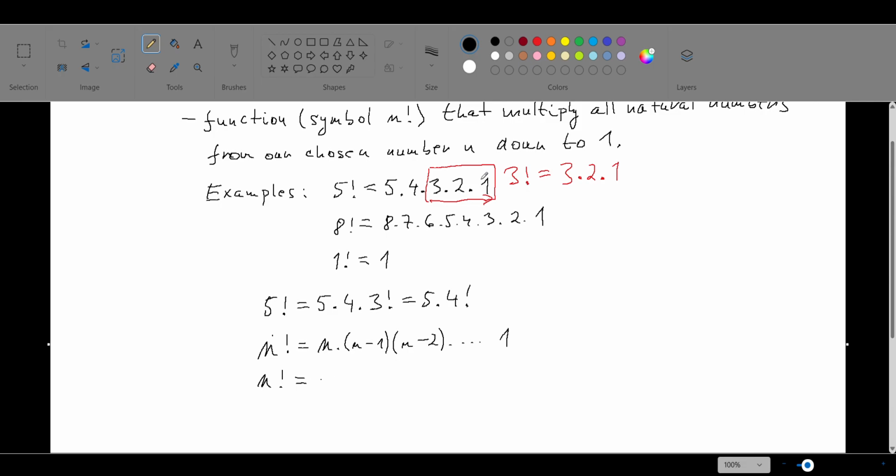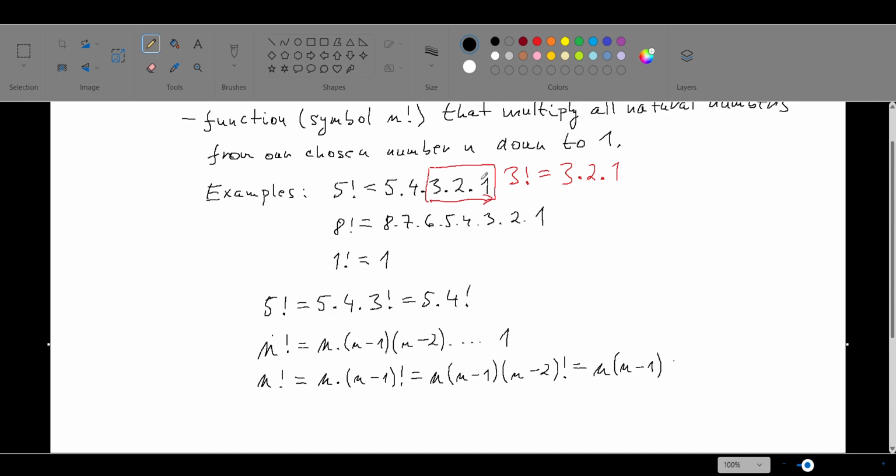You can simply write n factorial as n times n take away 1 factorial, which is also equal to n times n take away 1 times n take away 2 factorial, and so on. It depends where you want to finish.